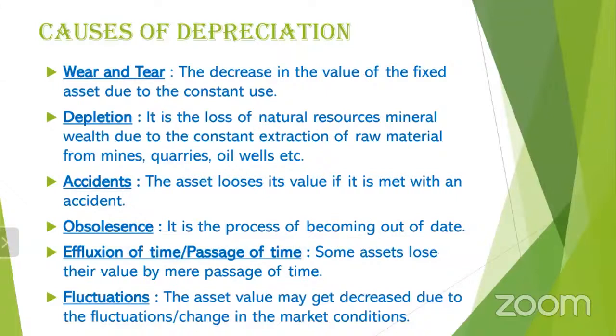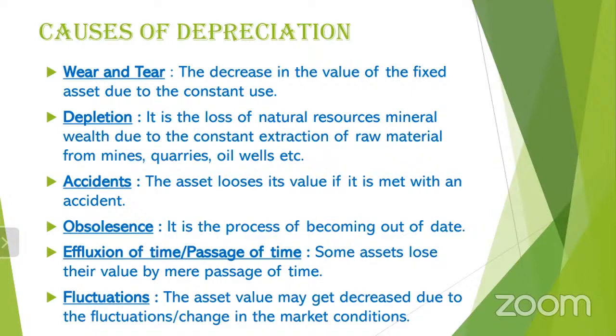Like that, the asset will be outdated. It is not gradual. It is the process of becoming out of date due to new inventions, technological improvements, availability of a better type of asset, or change in market demand. The existing asset becomes obsolete or outdated.